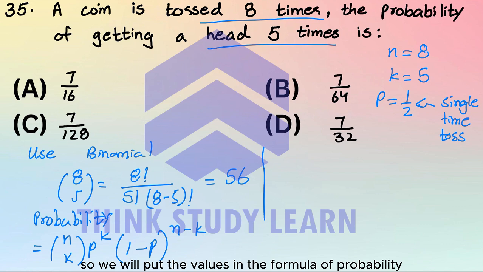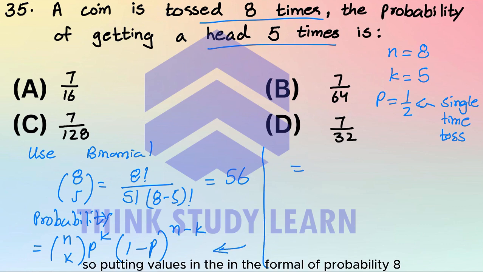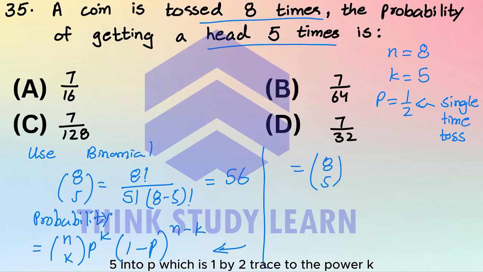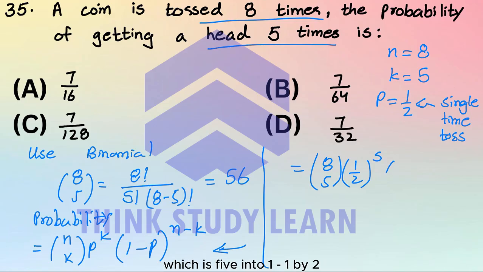So we will put the values in the formula of probability. Putting values in the formula of probability, 8C5 into p, which is 1 by 2 raised to the power k, which is 5, into (1 minus 1 by 2) raised to the power 8 minus 5.